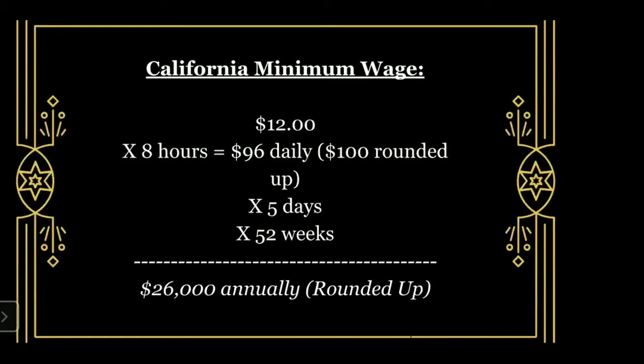So even at California minimum wage, where you earn $26,000 a year, if you were to be a full-time employee working 5 days a week at 8 hours, and there's 52 weeks available, minimum is $100.